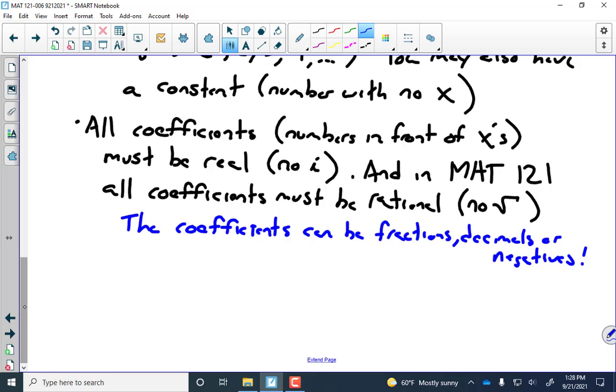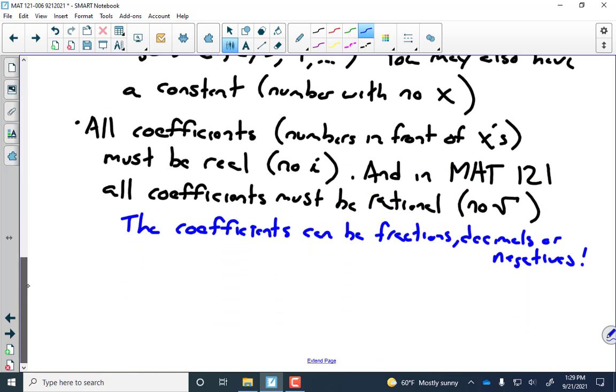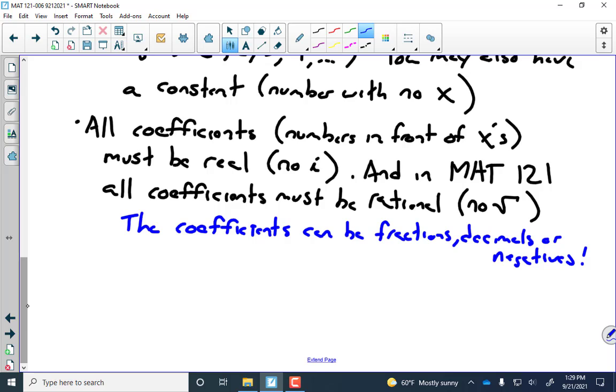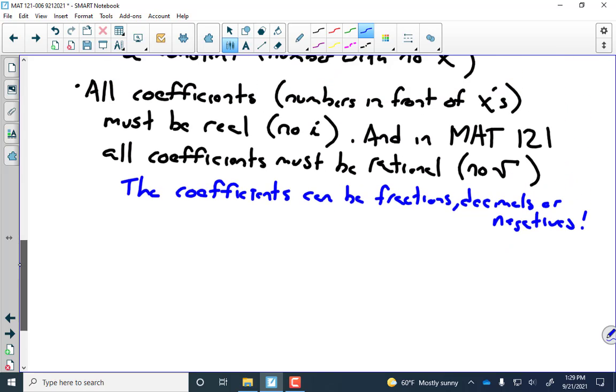So you might see fractions, decimals, or negatives in a polynomial. You're just not going to see them in the powers. And that's basically what that rule up there is trying to say. That's basically what this definition here that's a big mess is trying to say. That all your powers need to be nice positive integers, and all your coefficients need to be rationals. So let's look at an example. Let's look at an example of what a polynomial is.